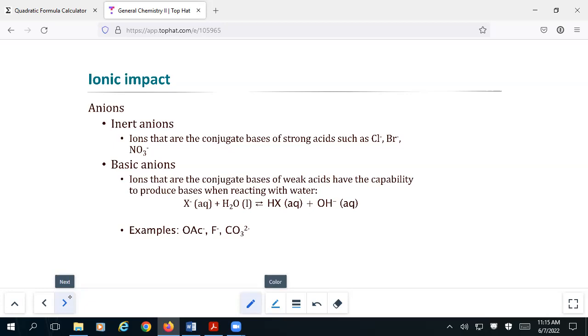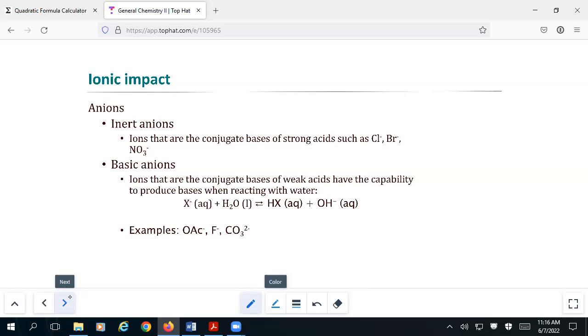Or they can have basic tendencies where the acid that they came from was a weak acid and the basicity that they have is really inversely related to just how weak that acid was.